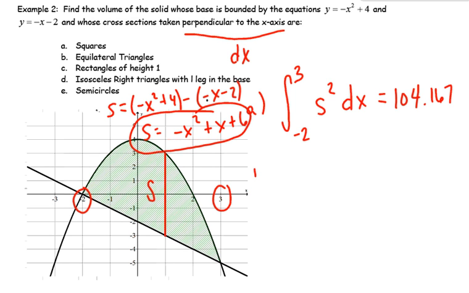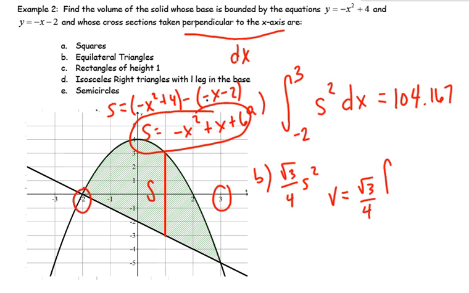All right, so now for part B, we're now going to do equilateral triangles. Now, if you remember the formula for equilateral triangles, the area is √3/4 s squared. Well, what's in common? I still have s squared, and that s is the same s as the first example with the square. So all I have to do is say the volume would be my integral of s squared, but just multiplied by √3/4.